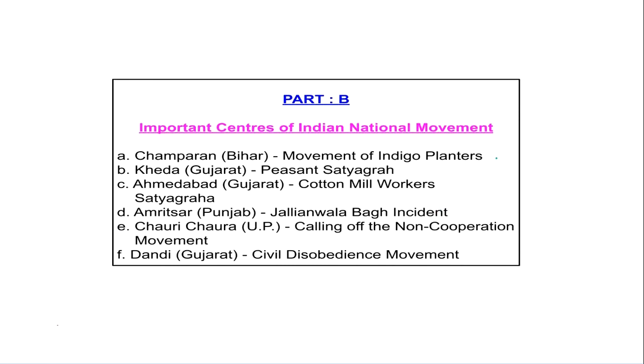So the number one item is Champaran, that we are going to study. Second, Kheda. Third, Ahmedabad. And fourth, Amritsar. Fifth, we have Chauri Chaura. And the last one is Dandi.